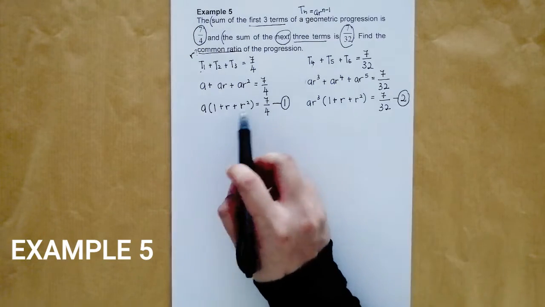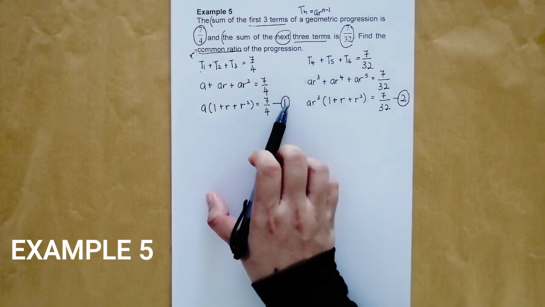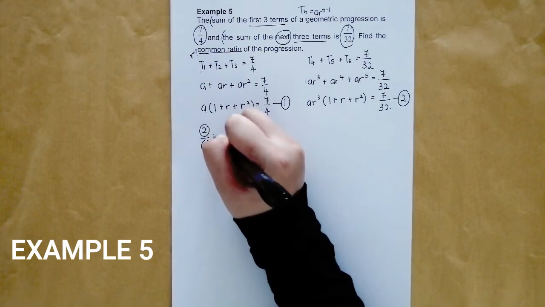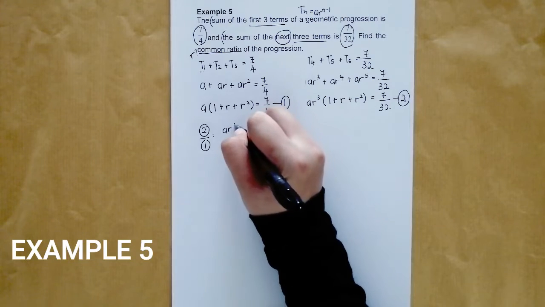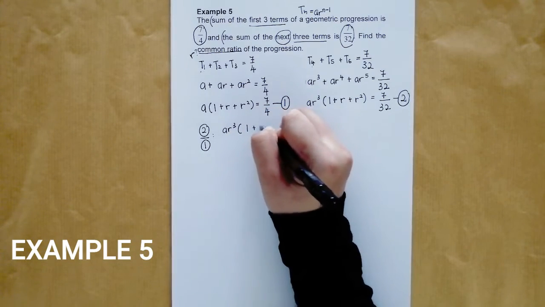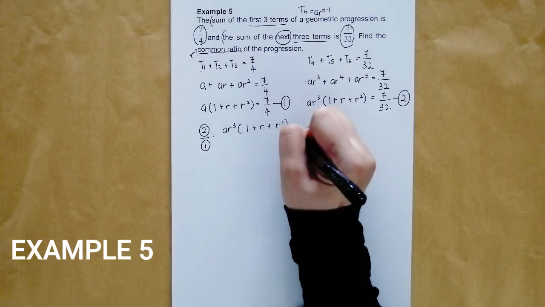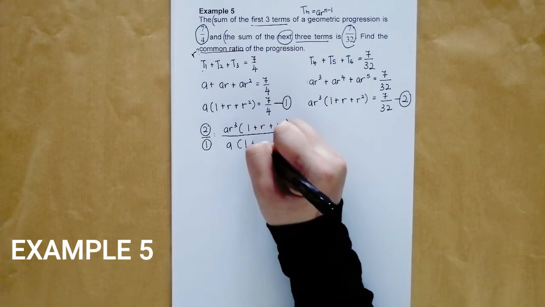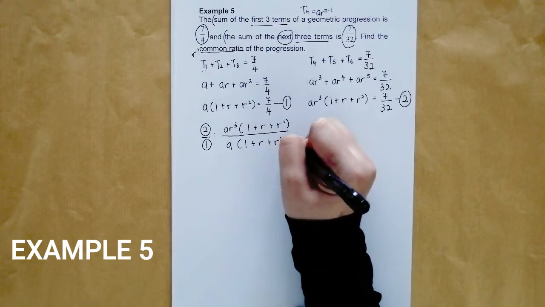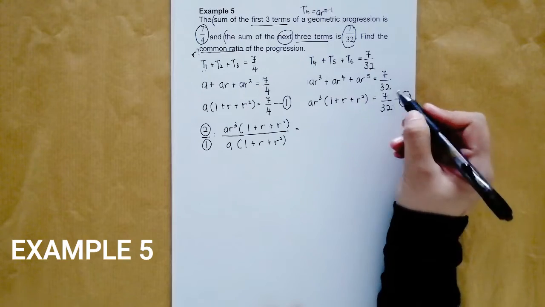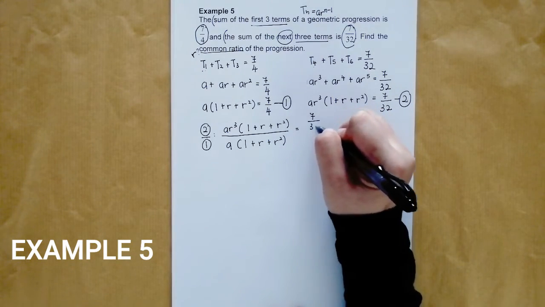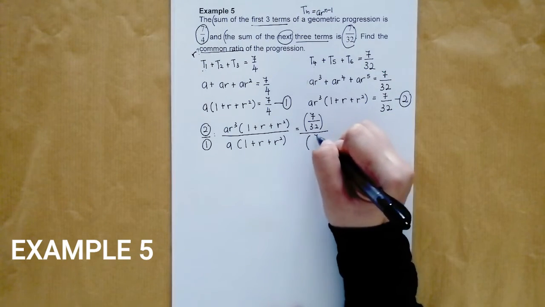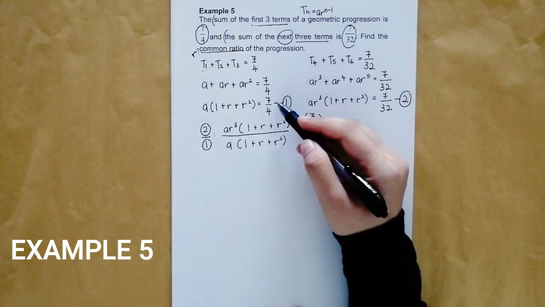Alright, now we can take equation 2 divided by equation 1. So equation 2 divided by equation 1, we get AR cubed in the bracket 1 plus R plus R squared, over A in the bracket 1 plus R plus R squared, equal to 7 over 32 divided by 7 over 4.